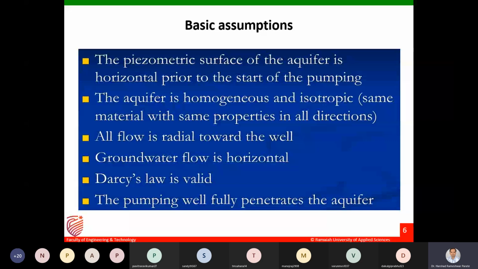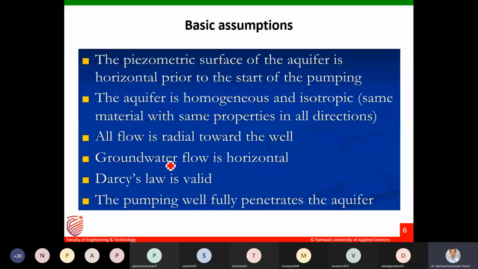That means the water is coming from all 360 degrees of the well into your well. That is what we call radial flow. We also consider the groundwater flow to be horizontal, Darcy's law is valid, and the pumping well fully penetrates the aquifer. These are the assumptions in the derivation of equations for well hydraulics.